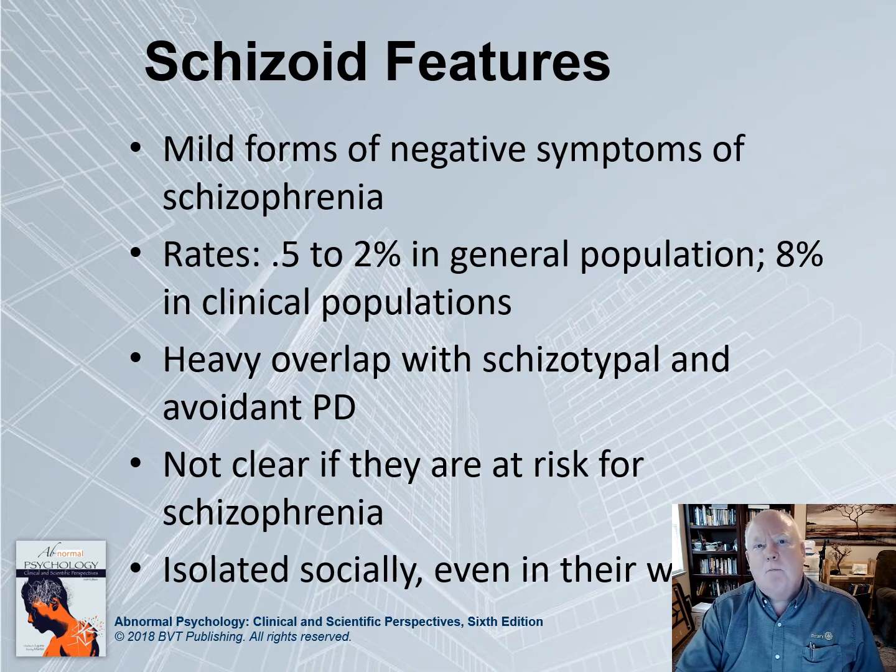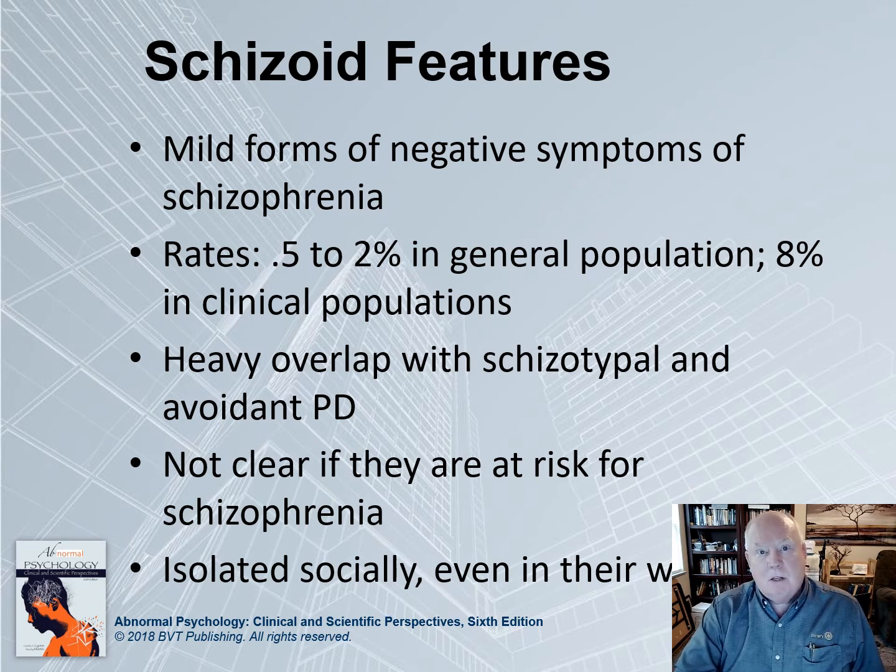So, for example, we generally enjoy things, a good meal, a hot shower, warm sunshine, especially in the spring after a cold winter. If you don't enjoy things, that's called anhedonia, and that is a negative symptom of schizophrenia. There are several negative symptoms. We'll talk more about them when we get to schizophrenia.